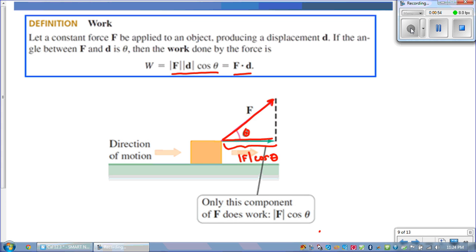That is the length of the projection of F onto D. So that would be the amount of the force F that's going in the direction of motion.